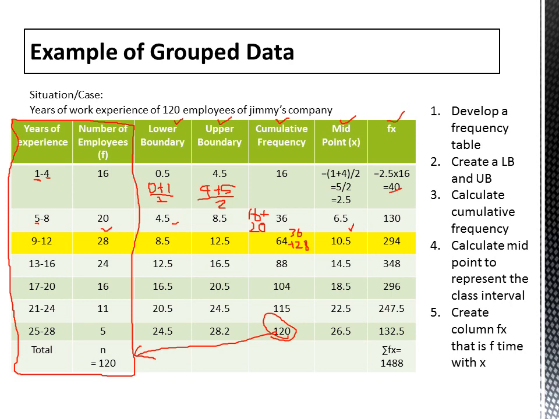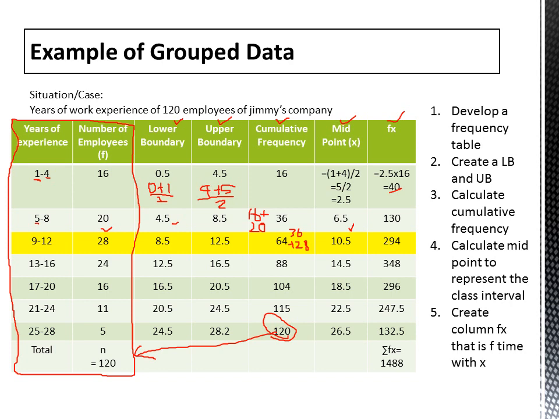After that, you do the same until it reaches 120, which is similar to the total number of employees, the frequency.